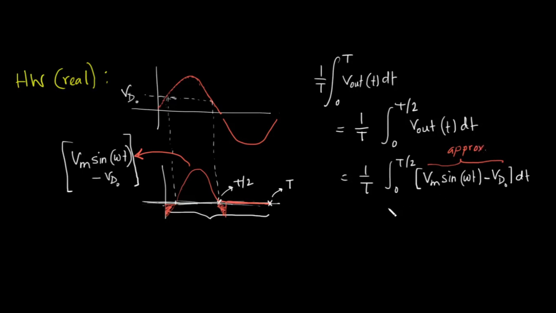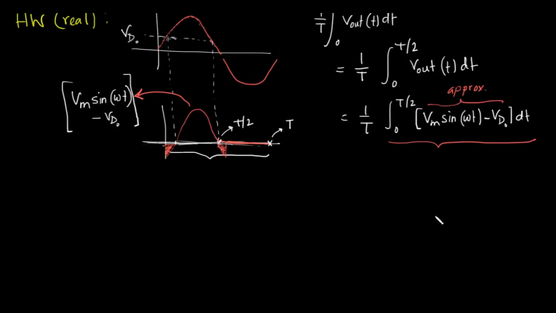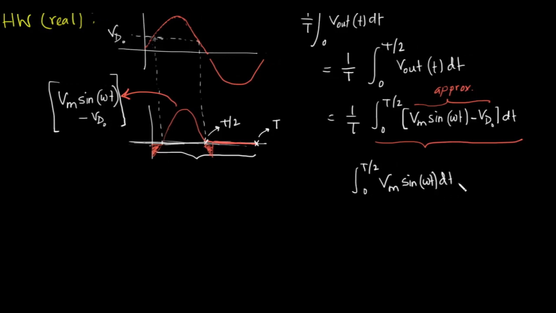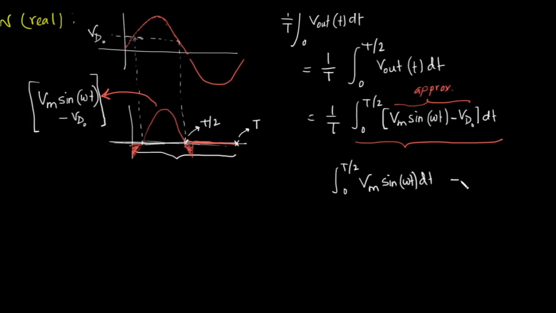So what will be the value of this integration? Let me break it down. I'm just writing the integration part, not the 1 by T part. Integral from 0 to T by 2 of Vm sin omega t dt minus Vd naught dt.